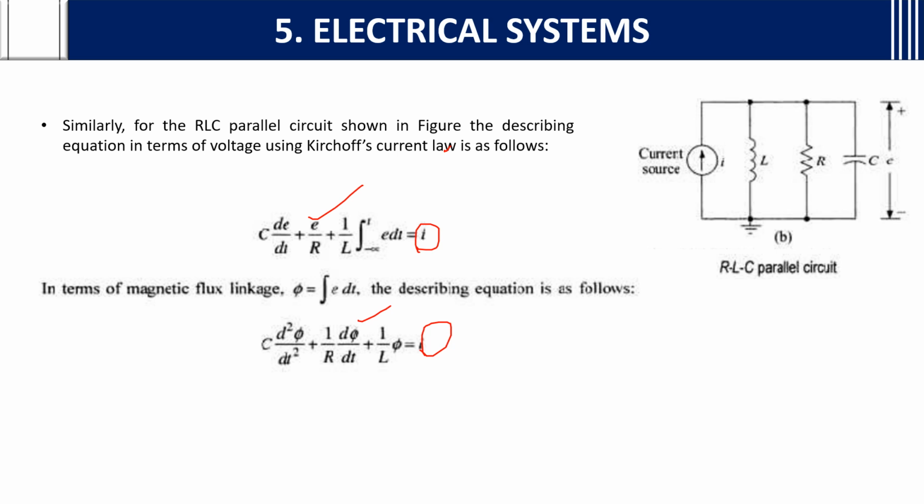So you need to remember both the equations for series as well as parallel to solve the problems. Why? Because based on the mechanical systems I discussed in the previous video, they are going to ask us to write the electrical system from that mechanical system. I will discuss that in the problems, but for that you need these equations, and the equations I discussed in the previous video about mechanical rotational and mechanical translational systems. These are all equations you should know.